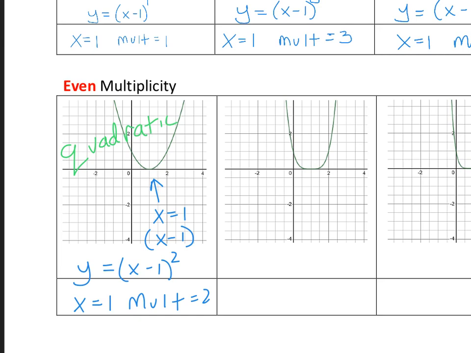Stepping up, we have here x equals positive 1 again, which is a factor of x minus 1. We see some flattening here in the graph, so we know that multiplicity is stepping up. So we have y equals x minus 1 raised to a power of 4. So we call that a multiplicity of 4. And a degree, if our first term is at a power of 4, we call that a quartic.